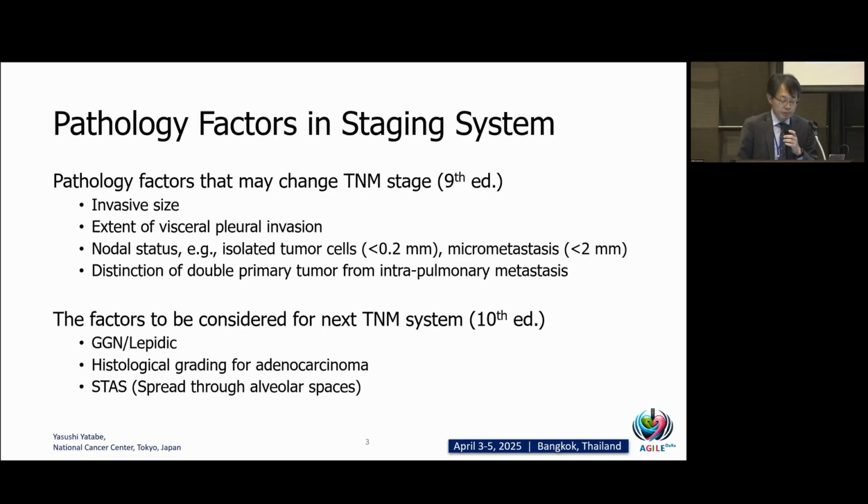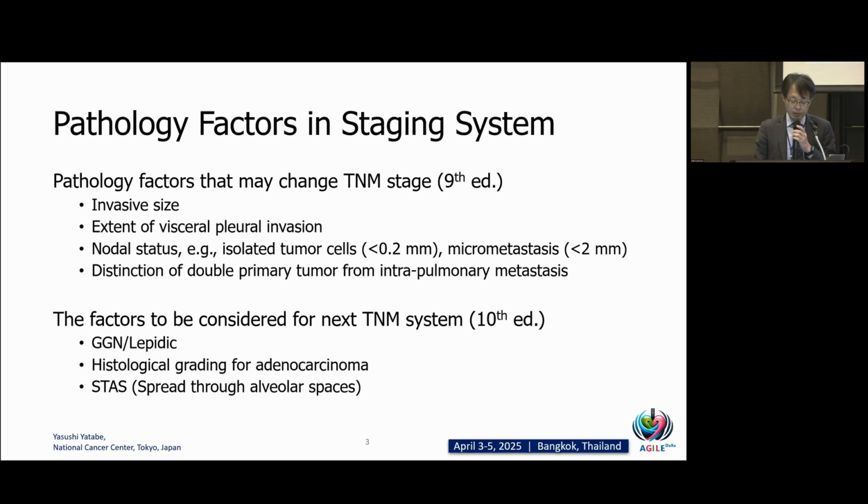In addition to the pathologic TNM stage, because the pathologic TNM system measures the extent of the tumor microscopically and histologically, some factors may change the TNM stage. One is the invasive size and extent of visceral pleural invasion.